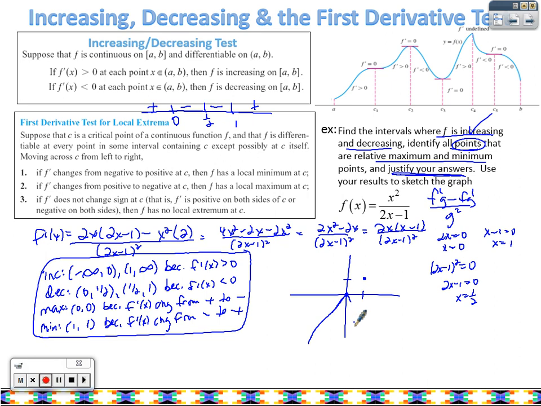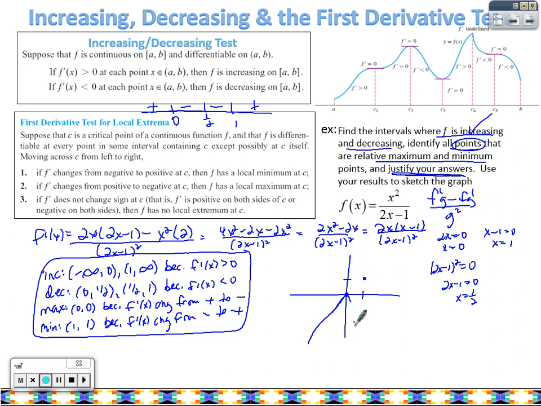And then at negative 1, there's something going on. What's going on at negative 1? Excuse me, negative 1/2. Positive. What is going on at 1/2? It's an asymptote, right? At 1/2.